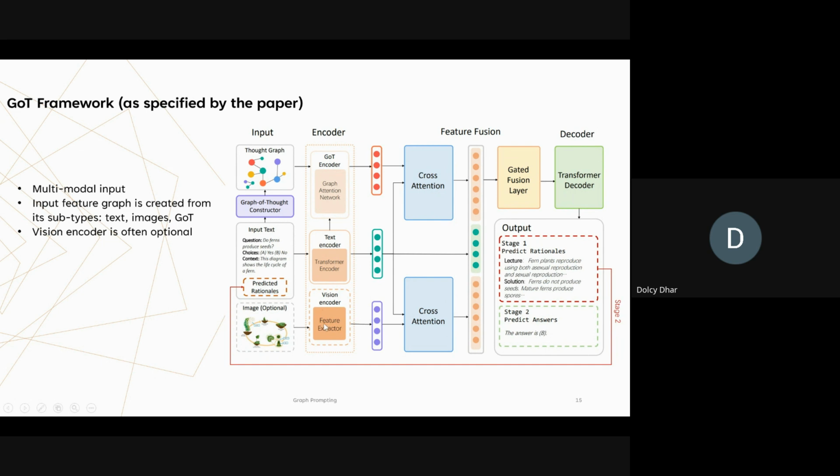They have a vision encoder for the images, a text encoder for the text, and a graph attention network for graph of thoughts, and then the rest of the pathway, and then you get the final answer. There are optional areas as well.